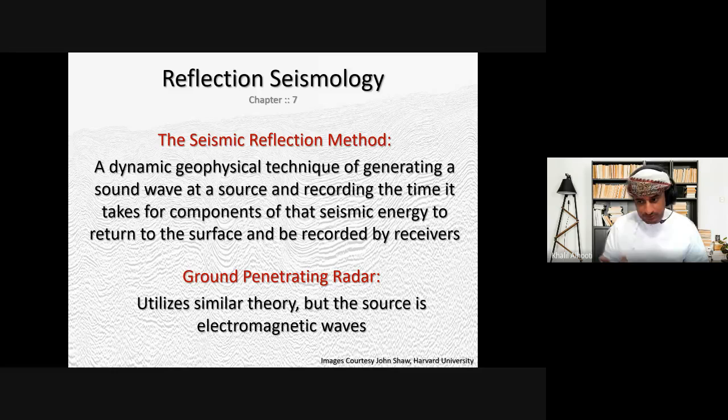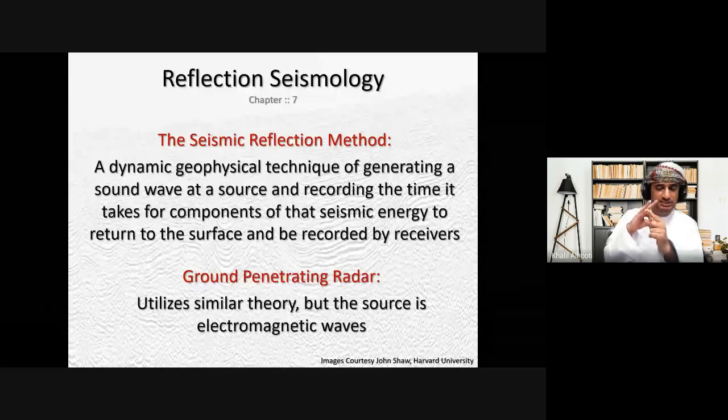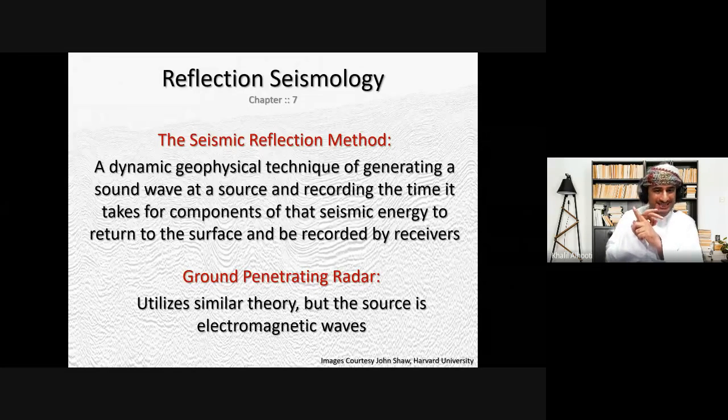Yes, that's true. Seismic reflection goes deeper, whereas the ground penetrating radar does not travel deep. We have three GPR antennas in our department. One of them is 100 megahertz, which sends a wave with a frequency of 100 megahertz.